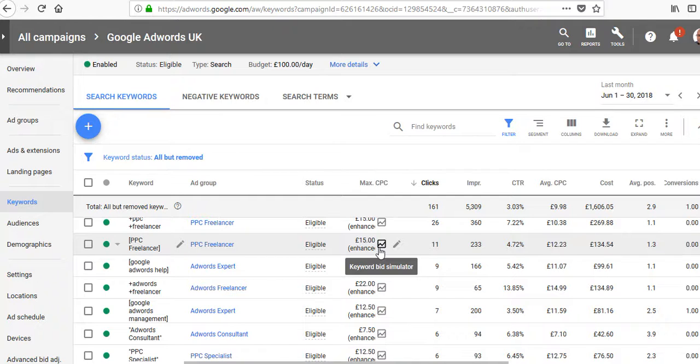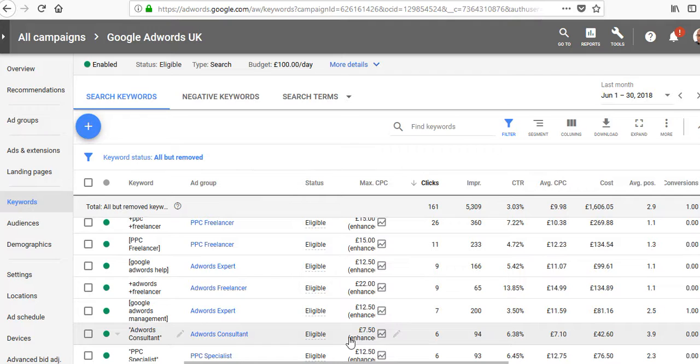And one of the best practices that you should follow is try not to overbid. And by that, I mean, don't spend more per click than you should be paying. Now, for example, when I look at my keywords over here, I can see the average cost per click is quite high, £12.23, and that gets me an average position of 1.3.